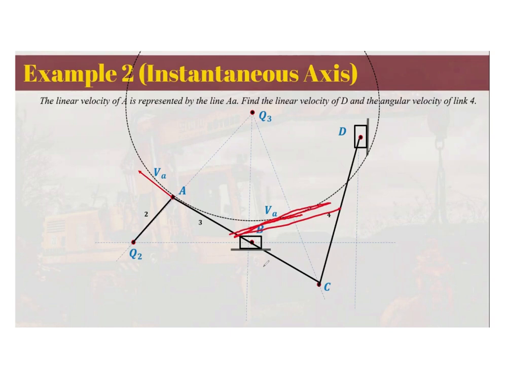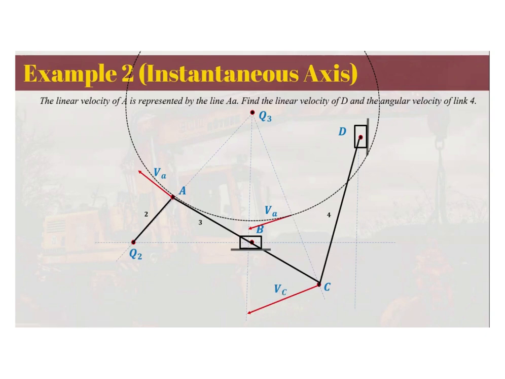Because if we draw a circle here, they must still be perpendicular. That's why we are going to draw a perpendicular line at point C, along this particular imaginary line Q3C. And the intersection of that perpendicular line with the terminal line that we drew a while ago is the velocity of C. And thus we are able to obtain the velocity of C.